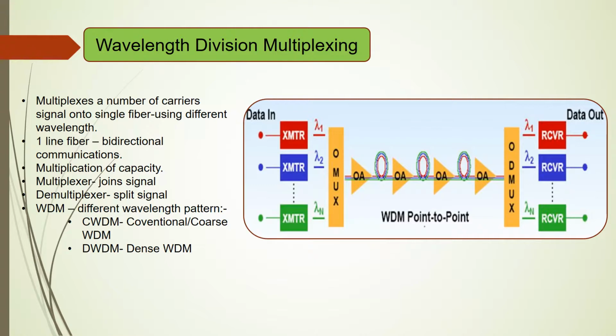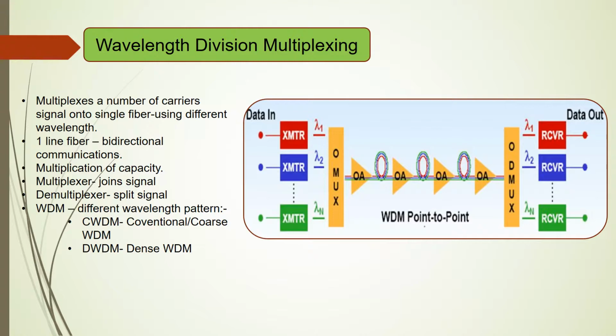The optical fiber acts as a passing point until it reaches the destination, and then it reaches the demultiplexer, where the demultiplexer splits the signal again into each respective wavelength, and each respective wavelength is distributed to the destination.